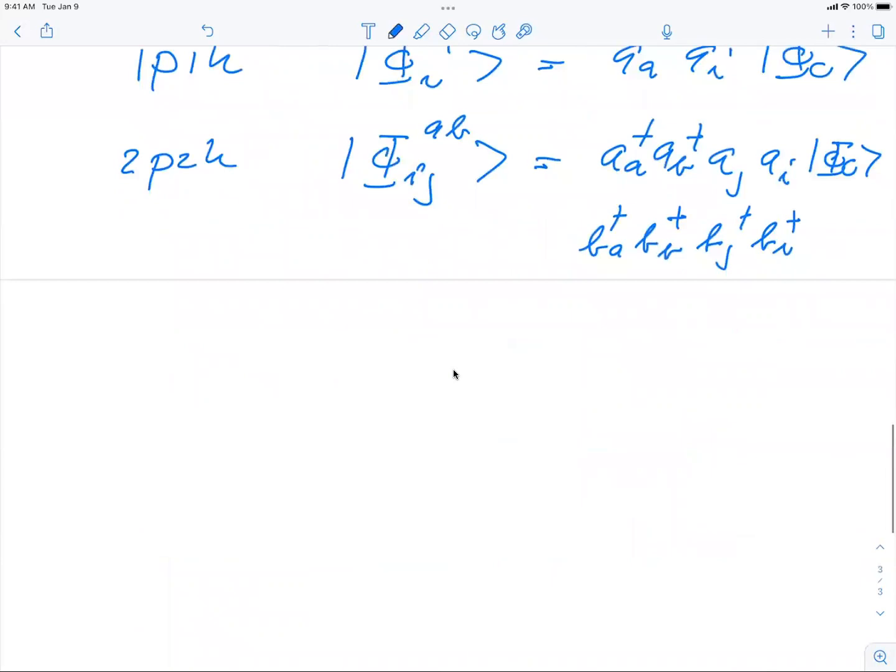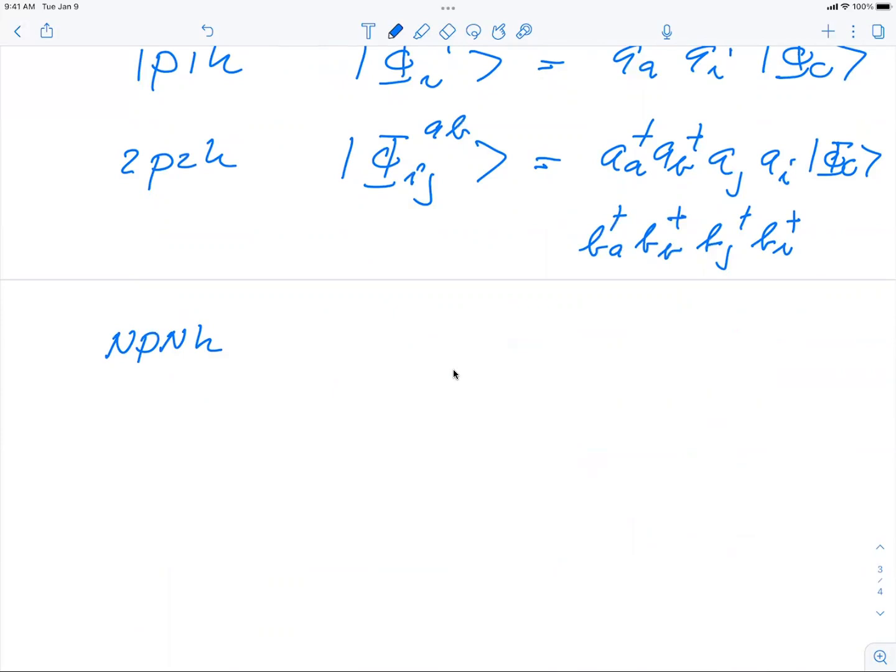Okay, so you can go on like this, and you can have a three particle, three hole state, etc. But you could also have an n particle, n hole state. So if you have n particles, which you are distributing among all the states, then you can create an n particle, n hole excitation.